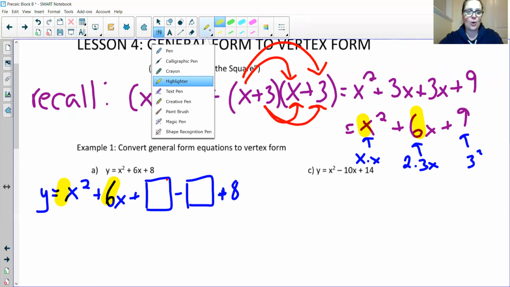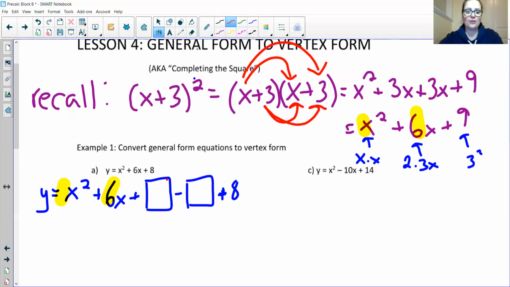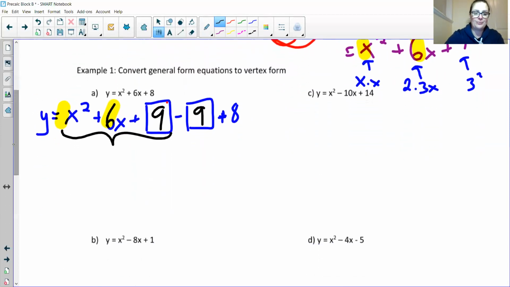And look at just the coefficient of that term, 3. If we were to square 3, we would get 9. So we're going to add 9, and we're also going to subtract 9. So overall, we have not adjusted or changed the value on the right-hand side. We're just manipulating it. And that means this here is a trinomial square.